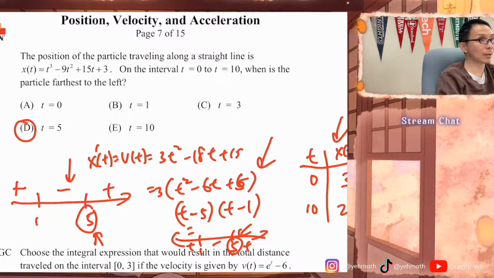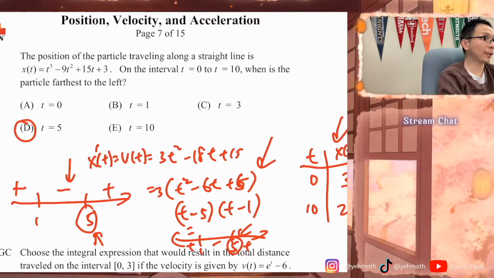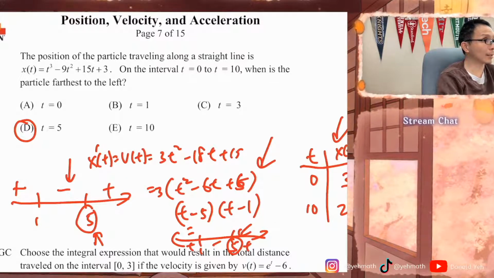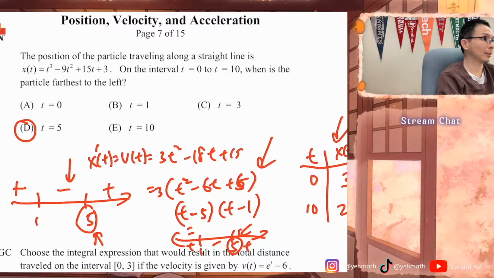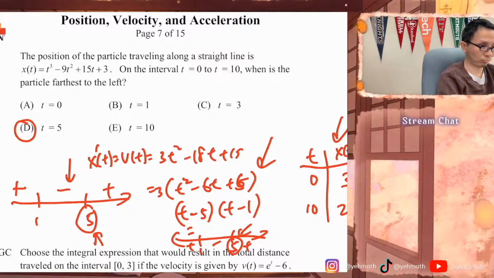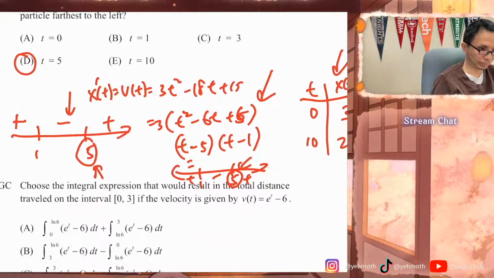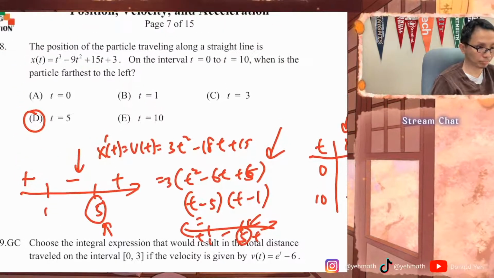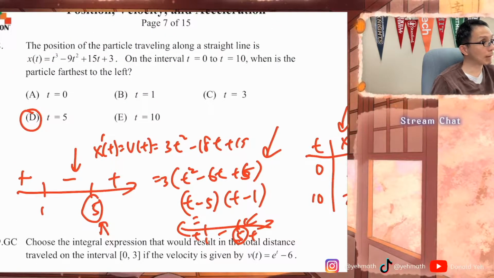Now you have to compare my beginning position and my end position to justify that it is the furthest left. So furthest left is a little bit different. Got it? Does this make sense?